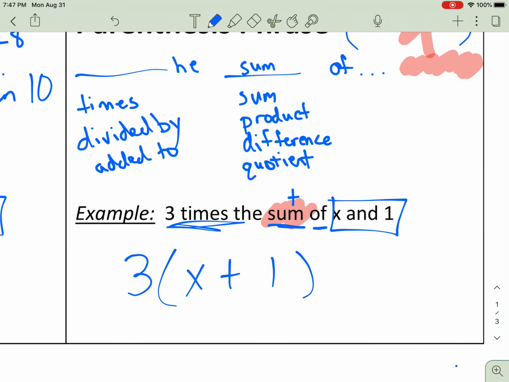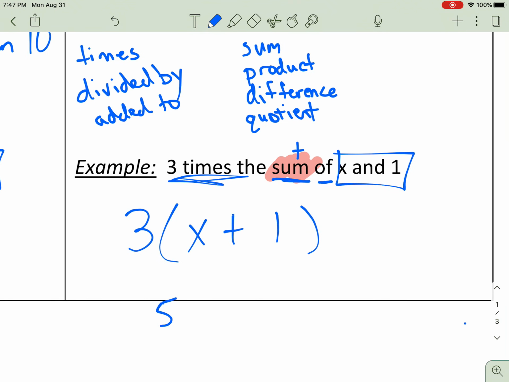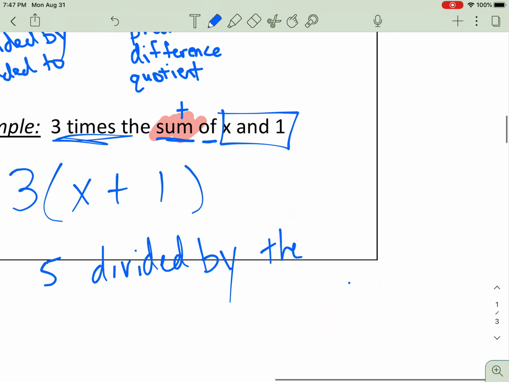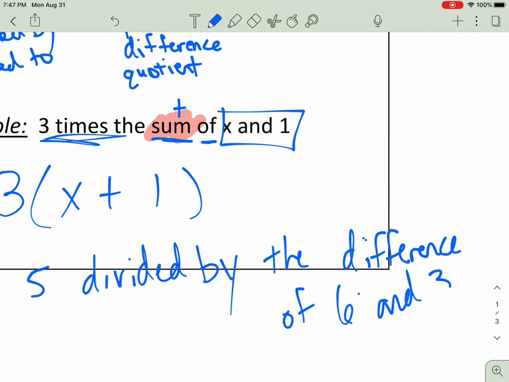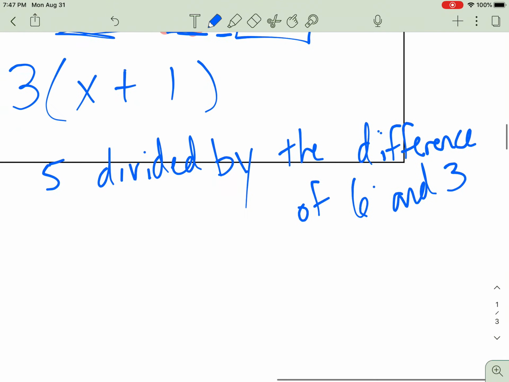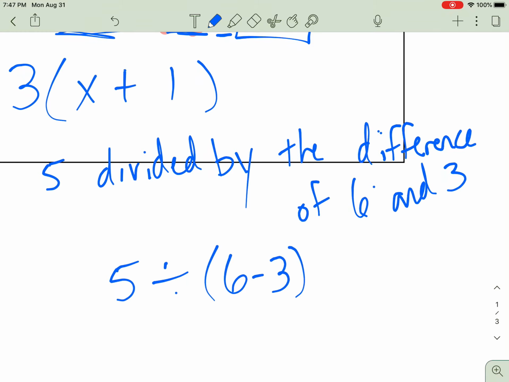Let's go with another one. Let's say it's 5 divided by the, let's say, difference of 6 and 3. So this one would be 5 divided by the difference of 6 and 3.